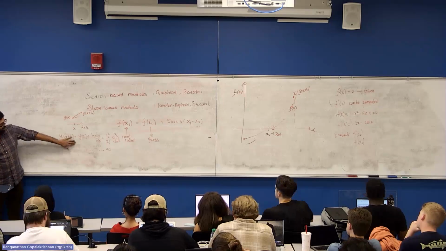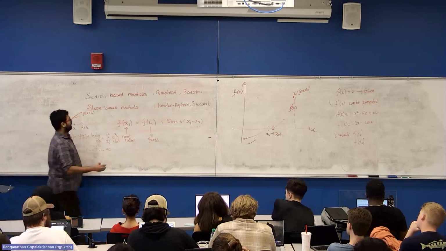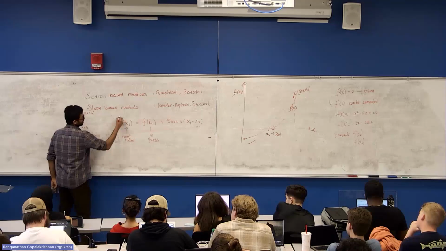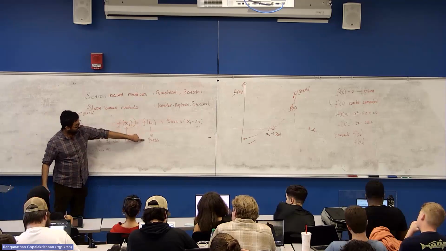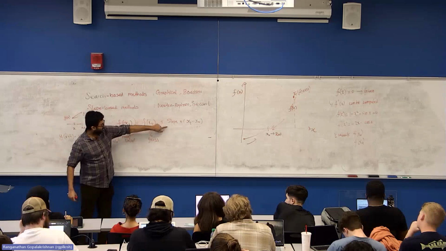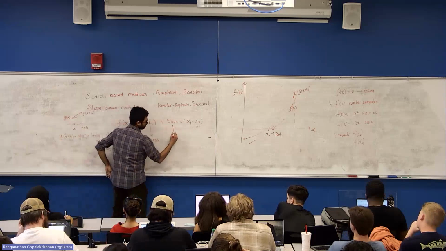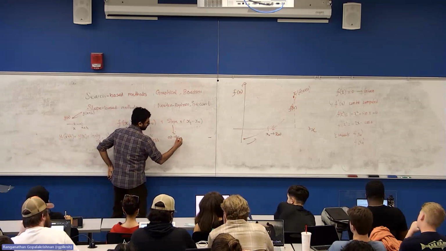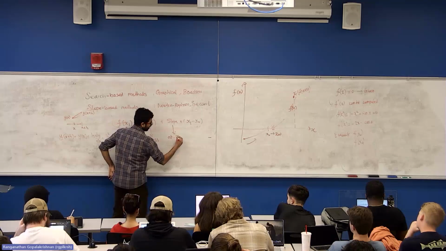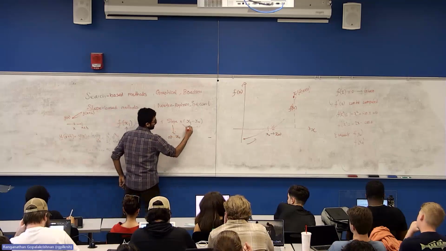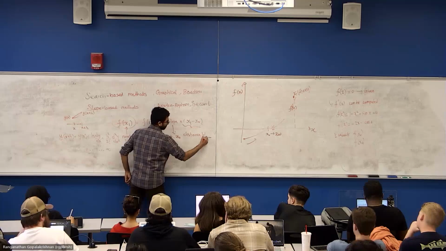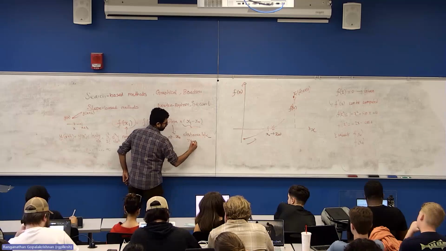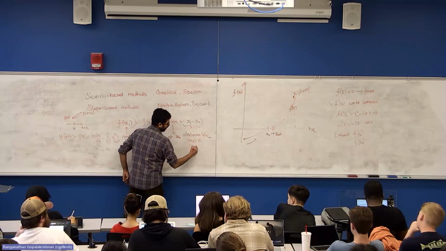So we are invoking Taylor series to write that the value of the function at the next point is equal to the value of the function at the current point plus the slope at x naught multiplied by the distance between the next and current.